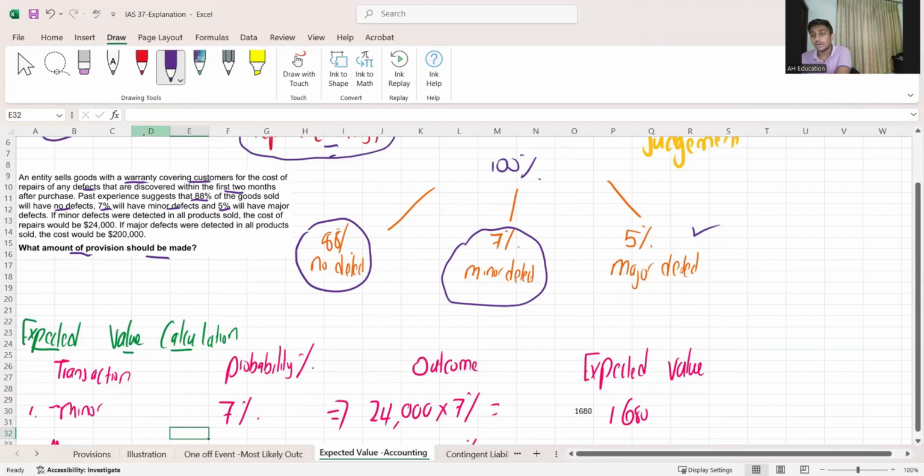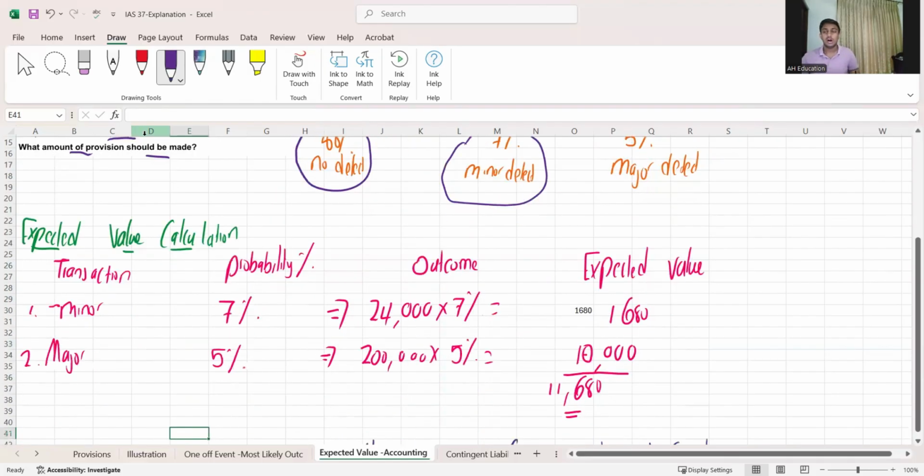Now we are going to find out the expected value. If minor defects were detected in all products sold, the cost of repair would be 24,000. That is for minor. If it's major, the cost would be 200,000.